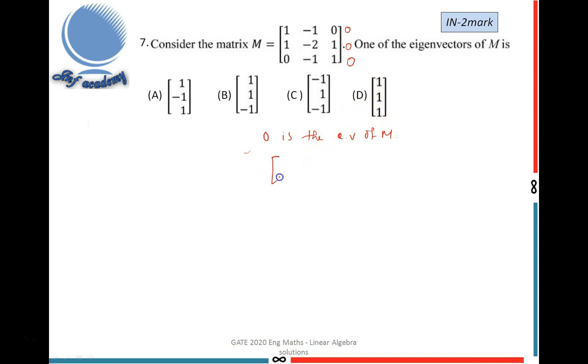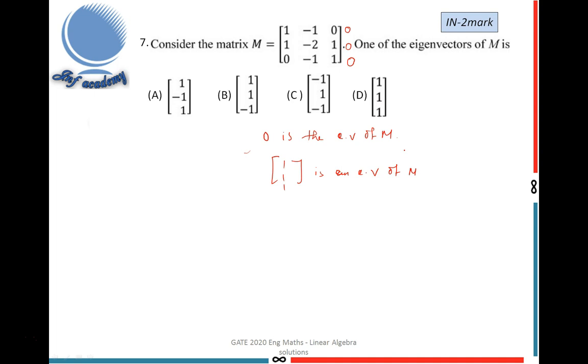So 1 1 1 is an eigenvector of M corresponding to that eigenvalue 0. By using that property, I got the answer immediately.